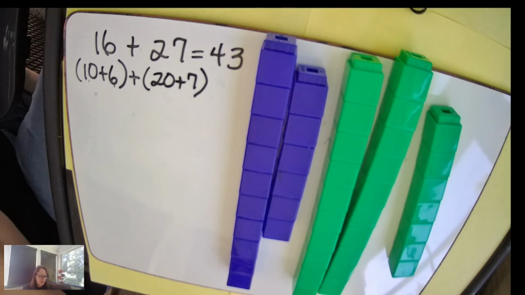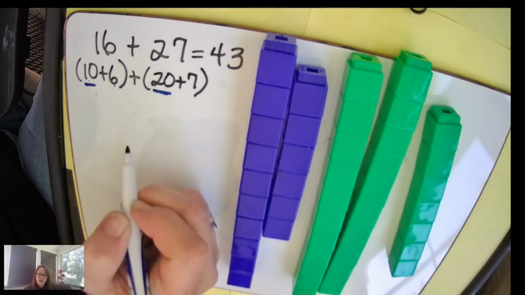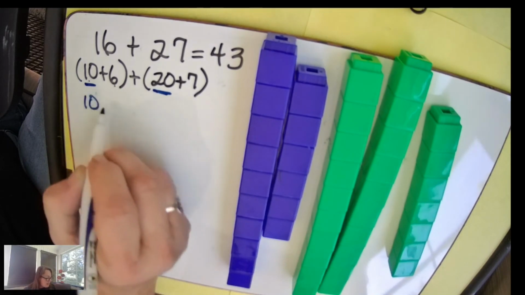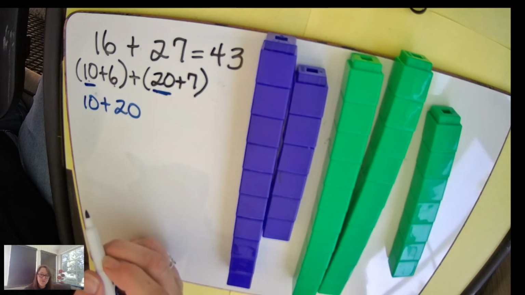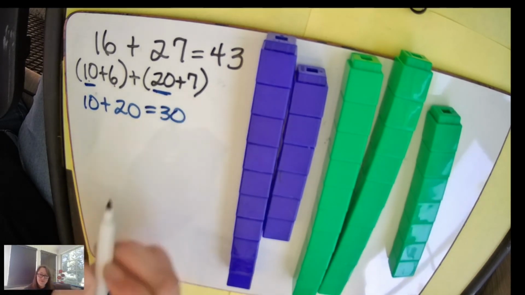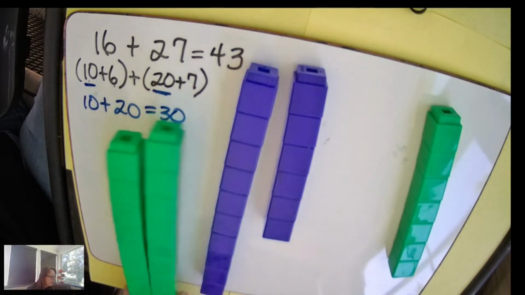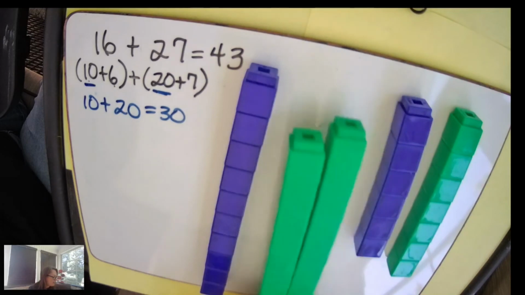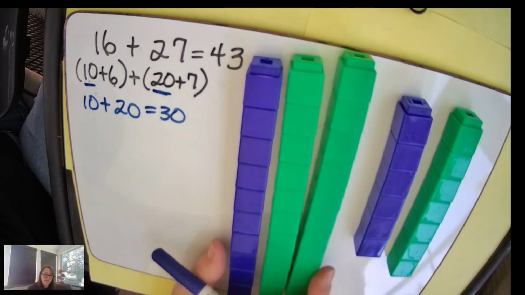All right, so Torian says when he combines the 10s, he has 10 plus 20, which equals 30. 10 plus 20, let me move that over. 10, 20, 30.